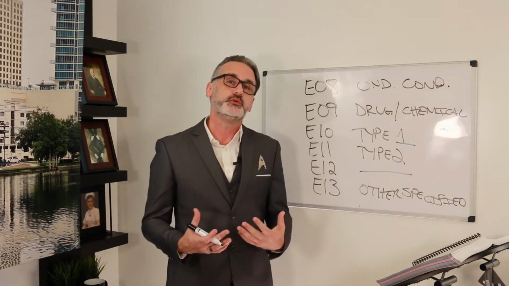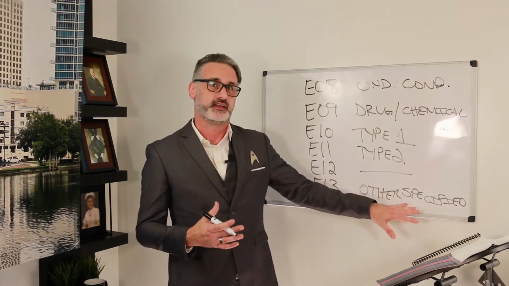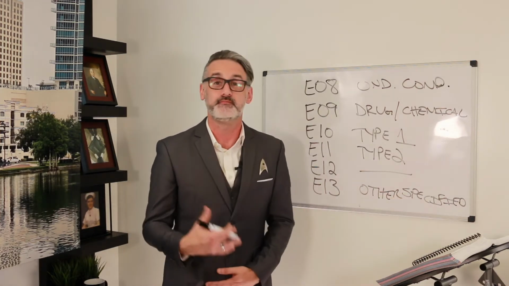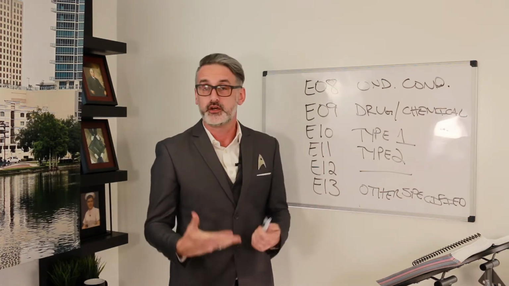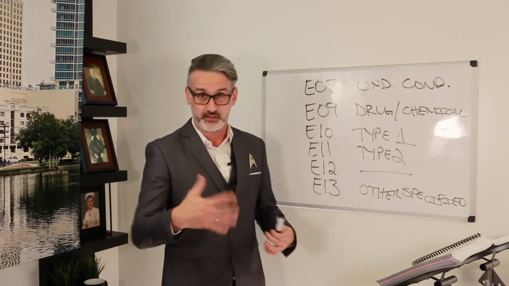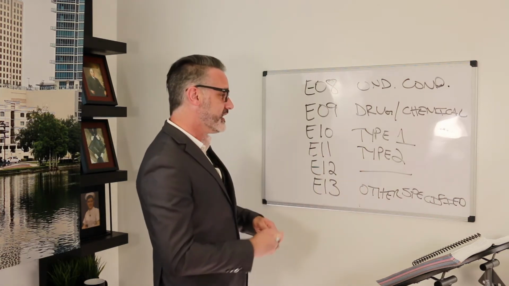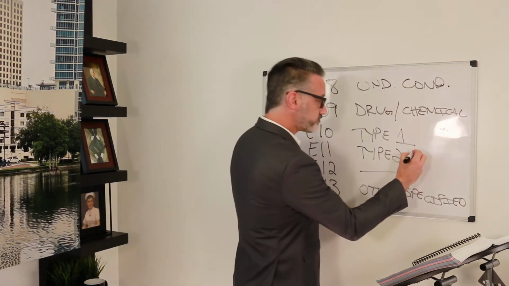And tricky thing number two is, you notice the E13, how it says other specified. Not unspecified, but other specified. So if we do not know the main cause or the root of the diabetes, nor do we know if it's a type 1 or type 2, so that means it would remain unspecified at that point, then we consider it to be a type 2.